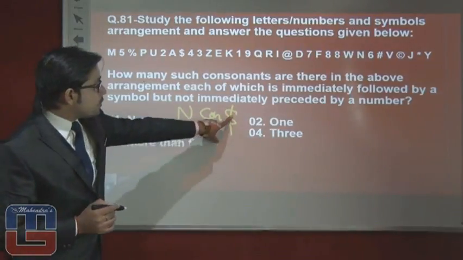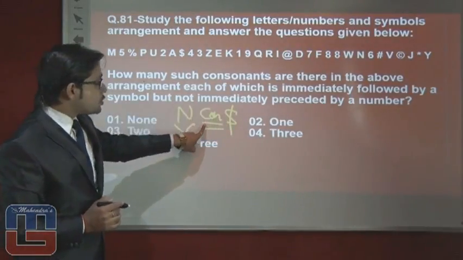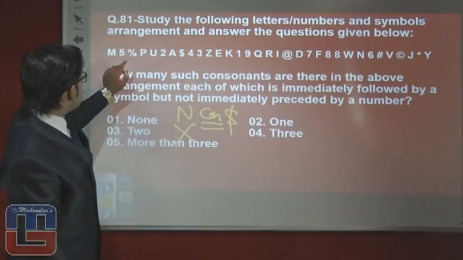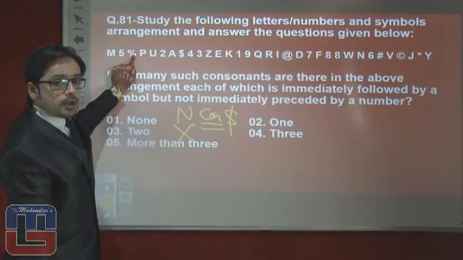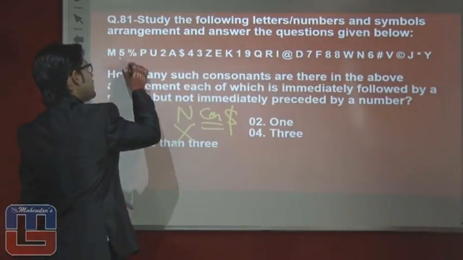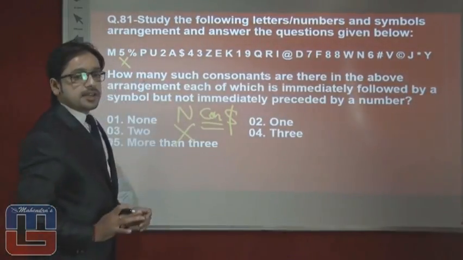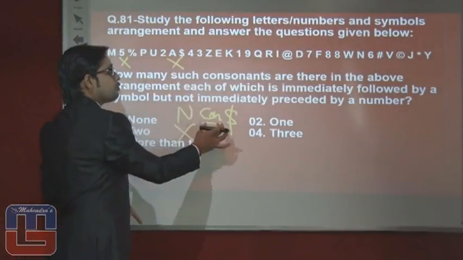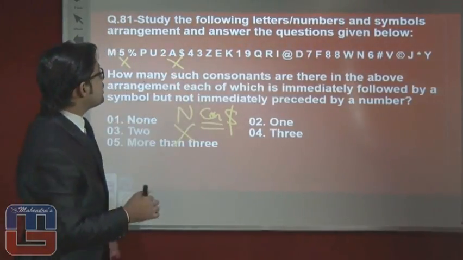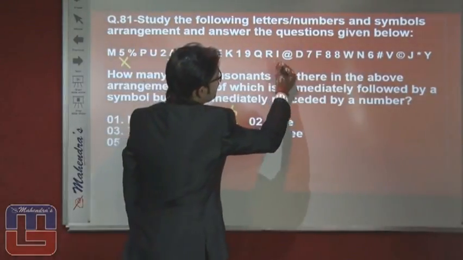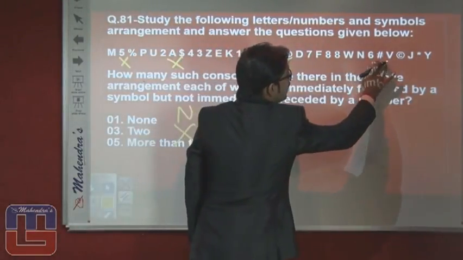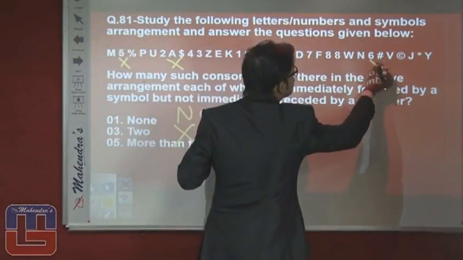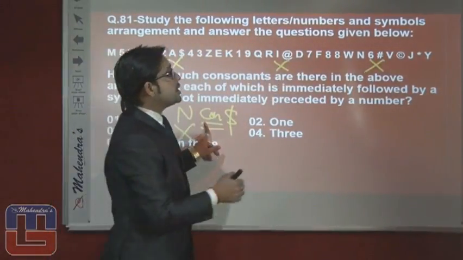So first symbol, just before that is consonant, and just before that is not any number. As you can see here, symbol is there, consonant, number is here, so we have to cancel it. Symbol, vowel is here, we have to find out the consonant, not vowel, so again cancel. Symbol, vowel, cancel. Symbol, number, but we have to find out the consonant, so again cancel.